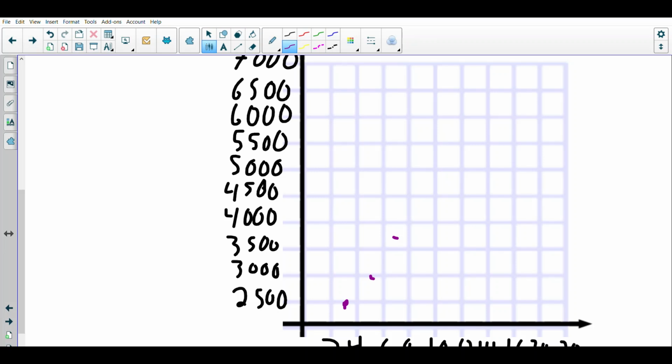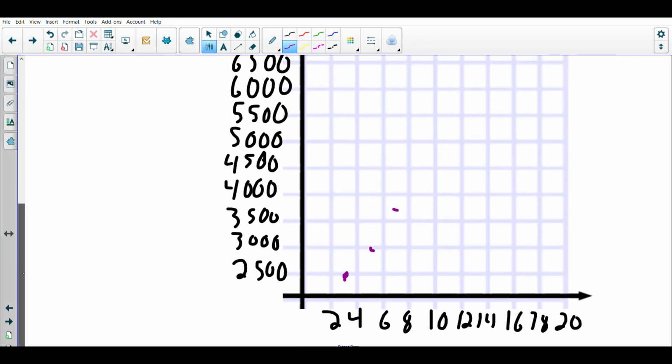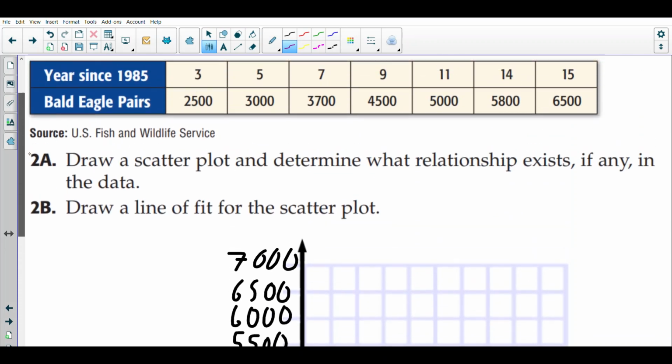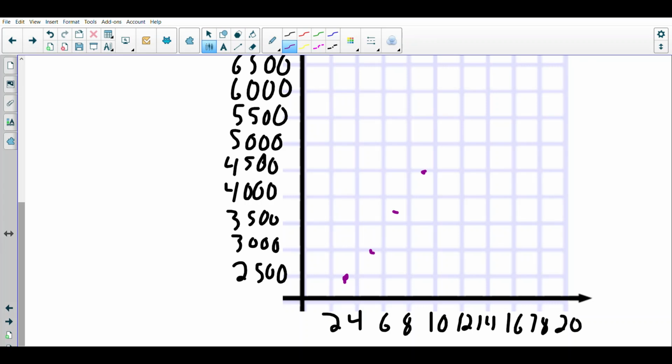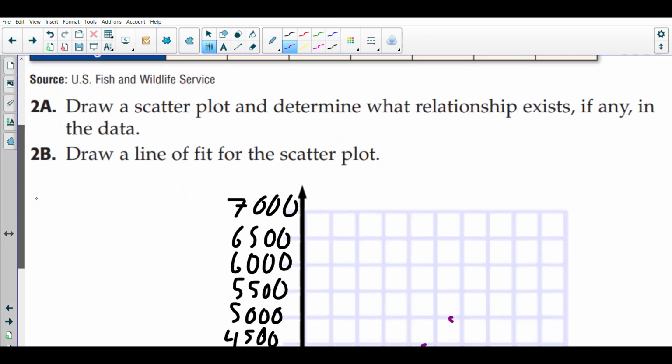And then 9, we have 4,500, so we got kind of a jump. Then we have 11 after that, at 5,000. Then we have 14 at 5,800.